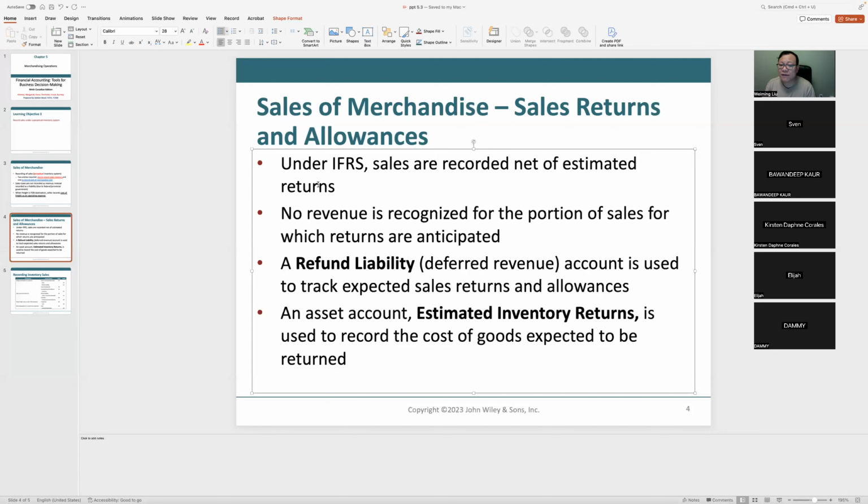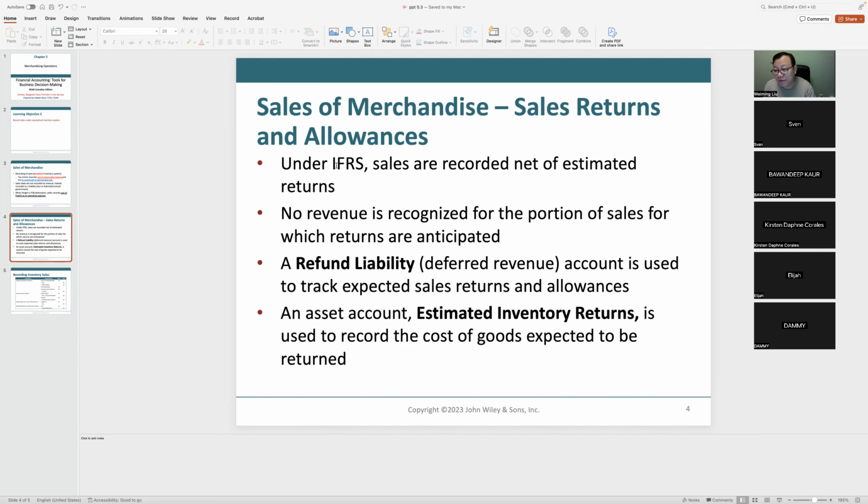So if you have sales, let's say in a day, maybe $10,000 for the whole day, let's say Costco has $10,000 in sales. If they estimate 2% will come back, 2% of the sales dollars will come back for the day.